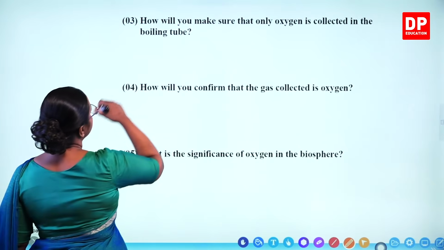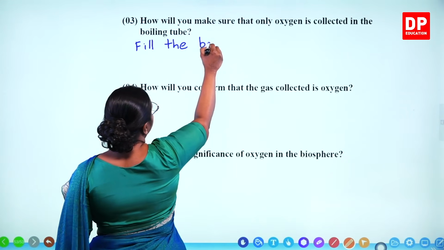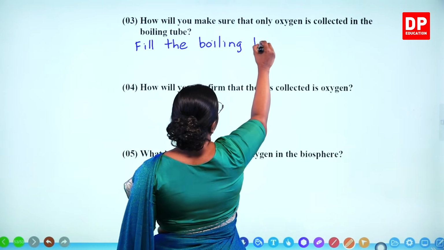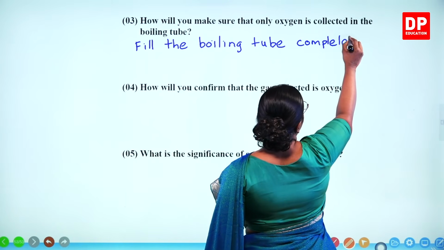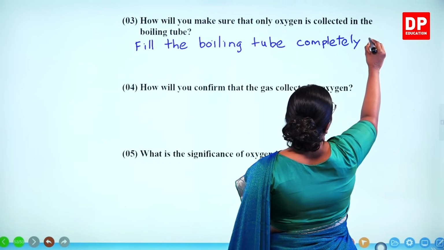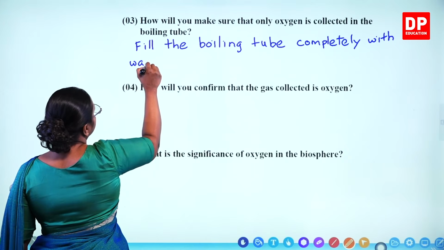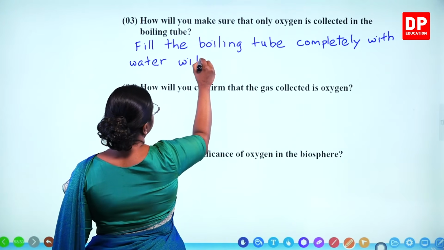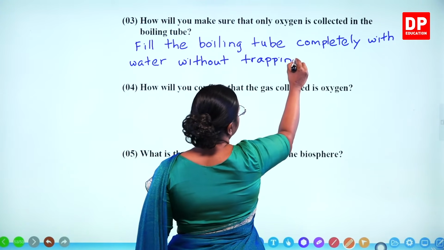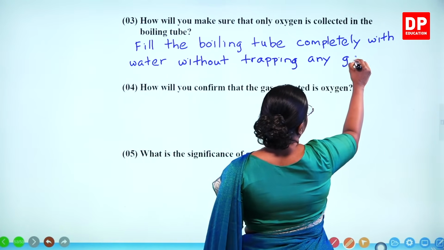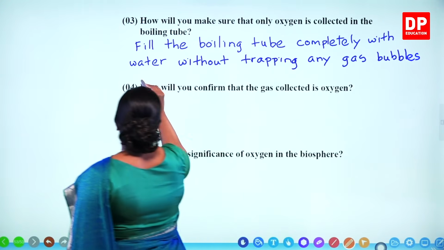So here you have to say, fill the boiling tube completely with water without trapping any gas bubbles inside.